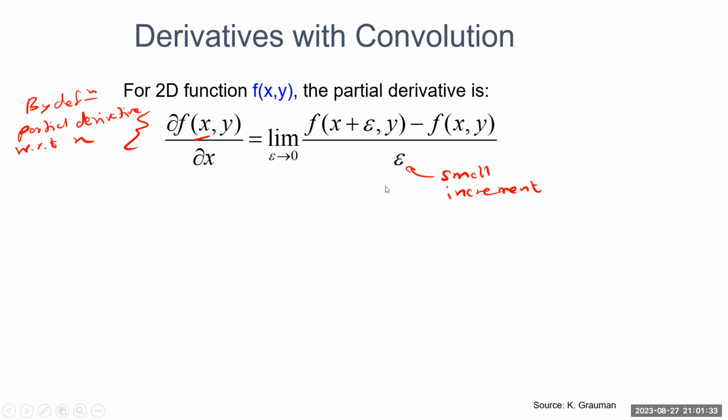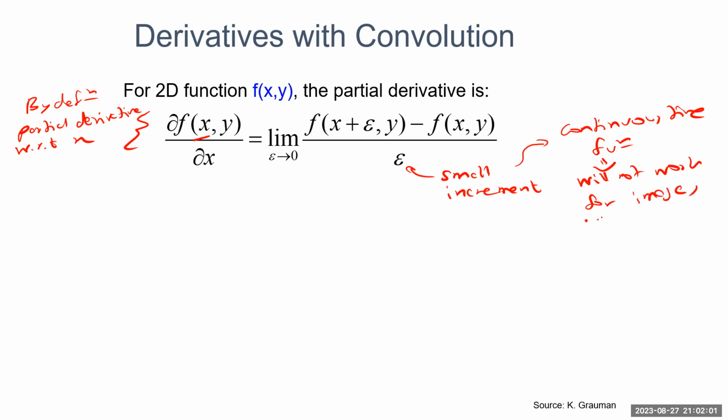You can't, right? Because we have pixels. You can't have this continuous. Now this is a continuous time function, and it will not work for images, since an image is discrete.